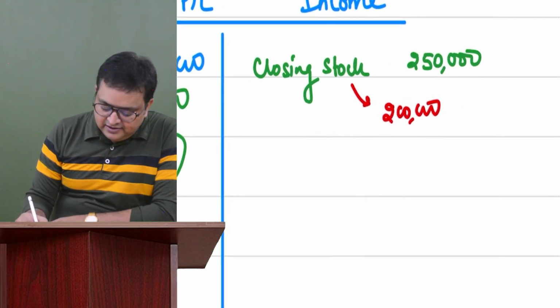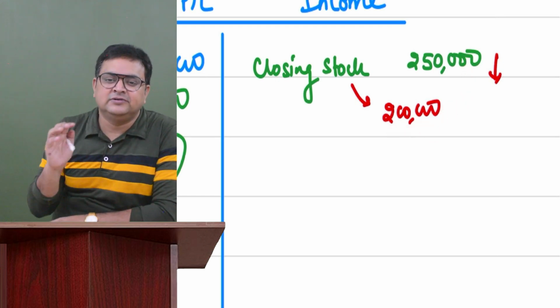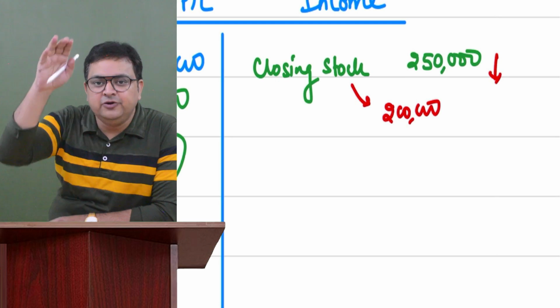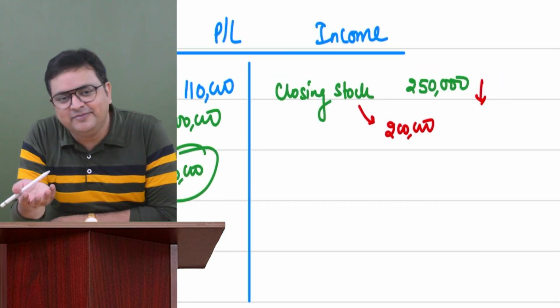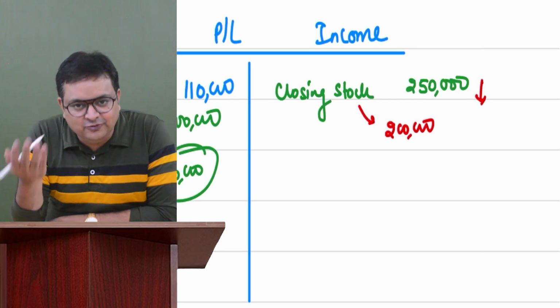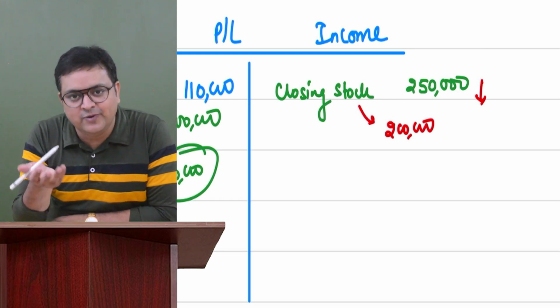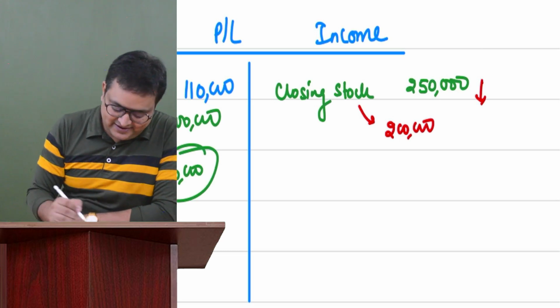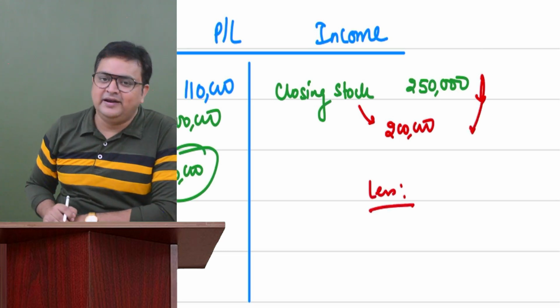Sir, we will take the 2,50,000 and reduce it to 2 lakh rupees. So we will reduce 50,000. Tell me, what are you doing? Sir, I'm reducing my income side. If you are reducing your income side, what will happen? Sir, if I'm reducing my income side, my PGBP income will decrease. So you have to subtract. Correct? You are reducing your income, so you will have to subtract.